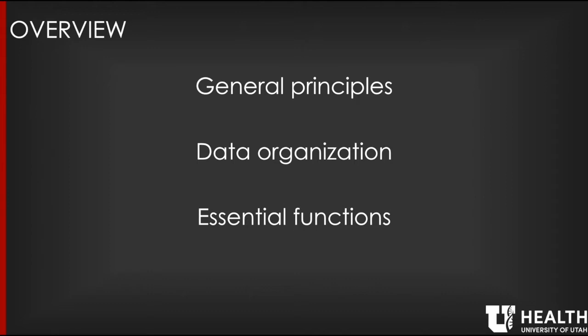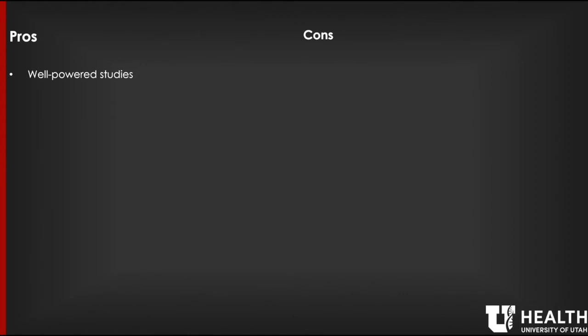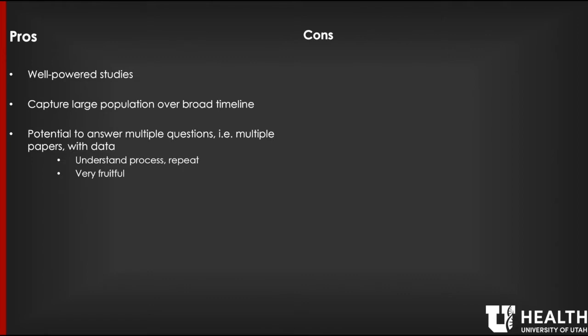So first, going over some pros and cons of big data type studies. They are very well-powered studies, which is often not the case in orthopedic literature, and they can capture a large population over a broad timeline. And when you are using a database, you have the potential to answer a number of questions and get potentially multiple papers with the data.